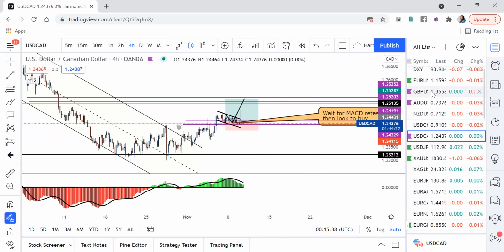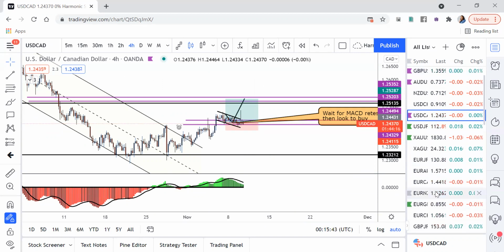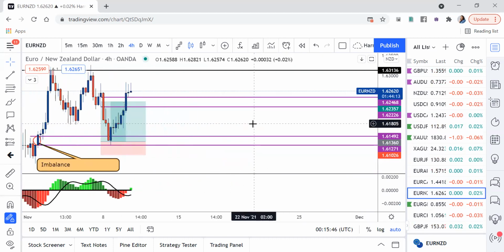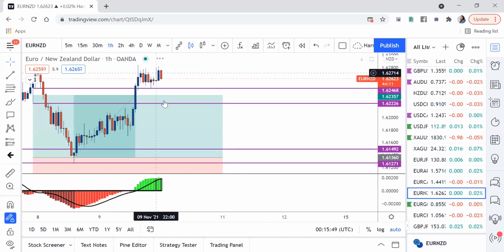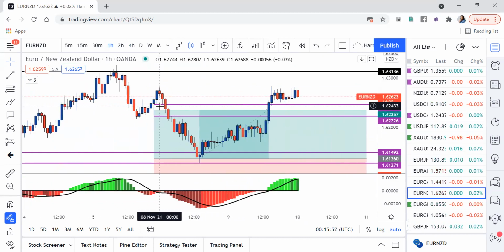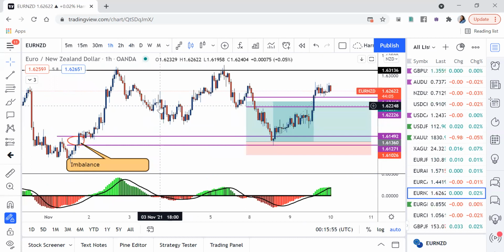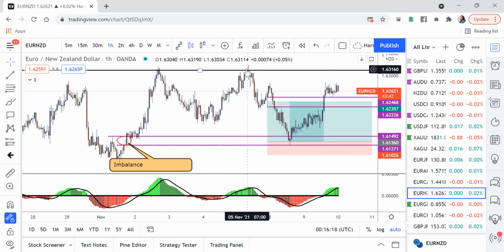Some other setups that we had, because this one is gone, was Euro NZD. We started the week with this as well. This was a fantastic trade. Last week we managed to get entry from here to this height. As you can see, I had told you guys last week Friday to close Euro NZD because it was failing to break the 1-hour high and creating a double top.